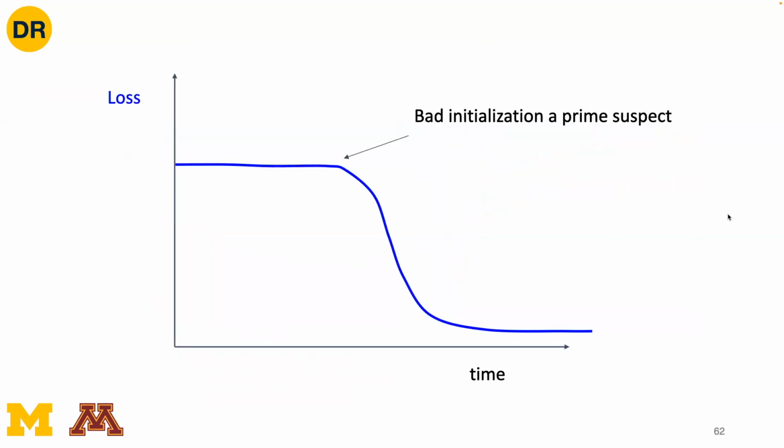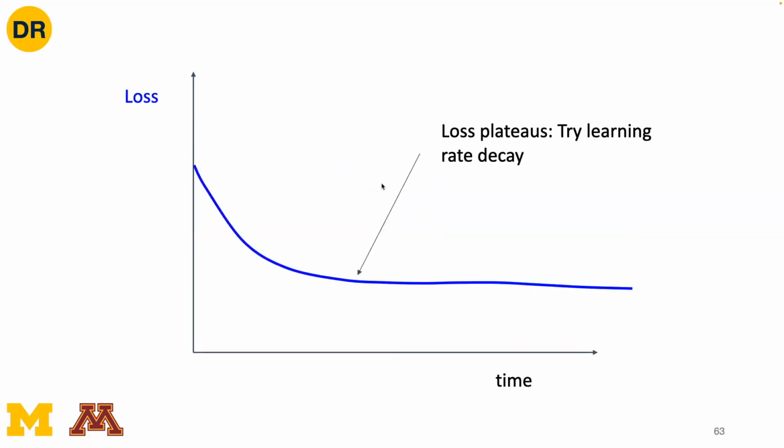So here are a few common interpretations from these types of curves. If you see your training loss start on a plateau, that might indicate that you have a bad initialization, or your initial learning rate is far too small. If you see your training loss plateau below what you would expect if it was performing with high accuracy, or below what other published results on the same datasets have seen, then maybe you should add a learning rate decay.